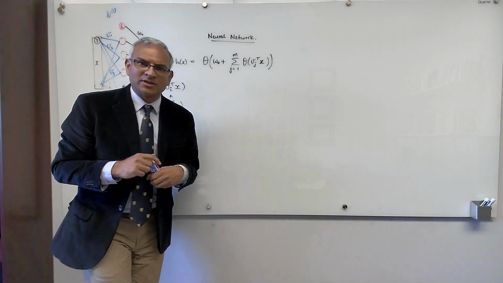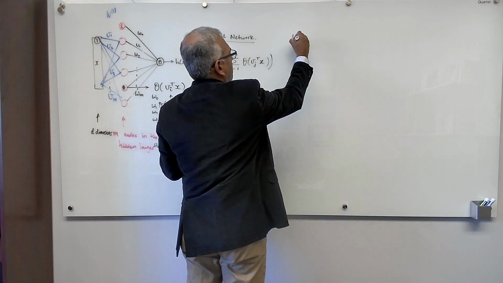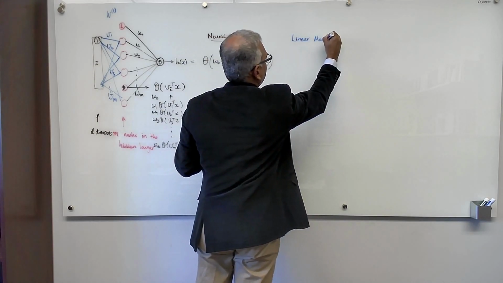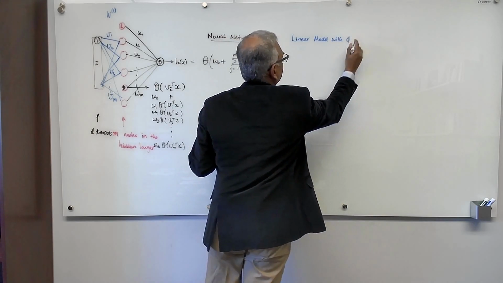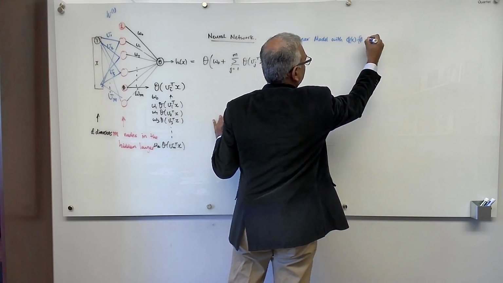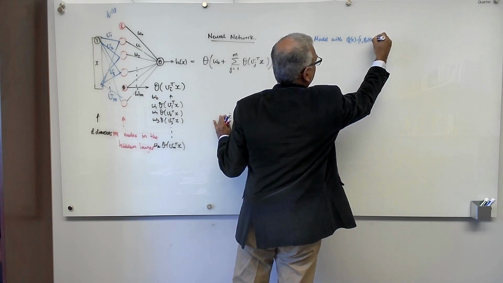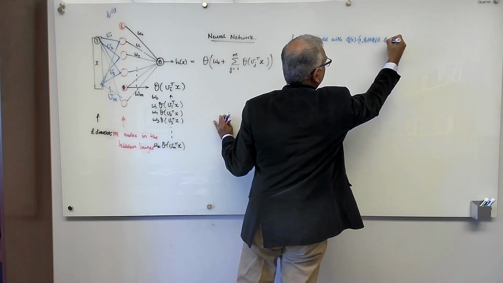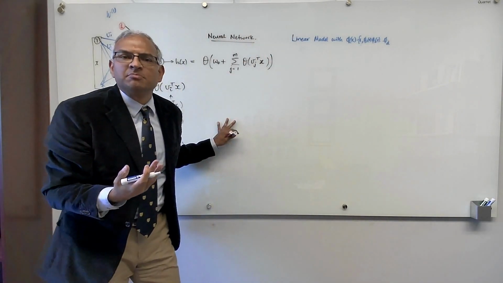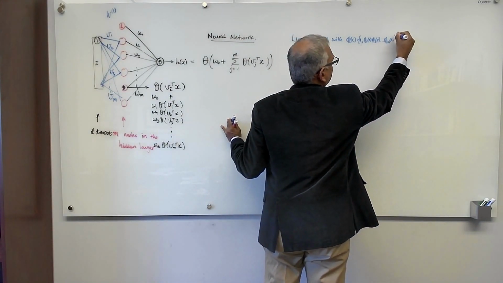Let's start with the linear model with the nonlinear transform phi, which has an augmented 1, and then phi 1 of x, phi 2 of x, all the way to phi d tilde of x. But now, just for comparison purposes, let me imagine that d tilde is m. So we go into an m-dimensional space, phi m of x.